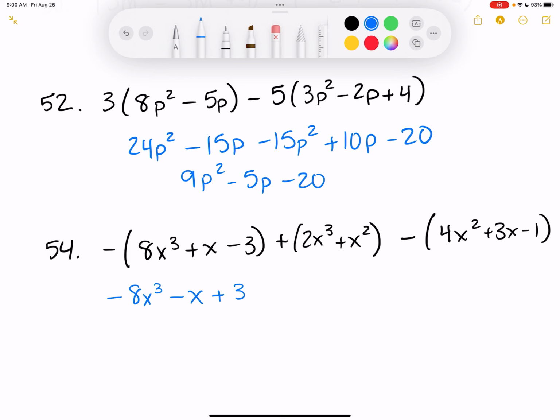Then over here with this just being added, I can get rid of the parentheses and rewrite them down: plus 2x cubed plus x squared. Then minus 4x squared minus 3x plus 1.